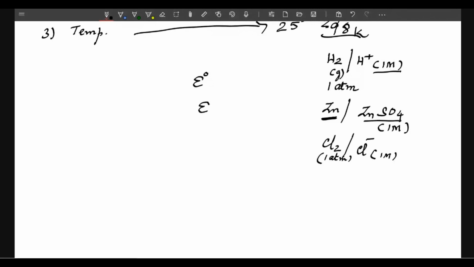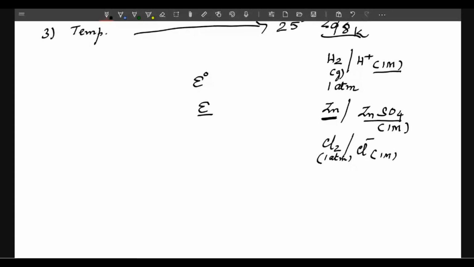Or if the electrolyte concentration is changed, once again it is called a non-standard condition. If both are changed, once again it is a non-standard condition. Any one of the parameters changing is called non-standard. In such cases, we represent the electrode potential simply by epsilon.